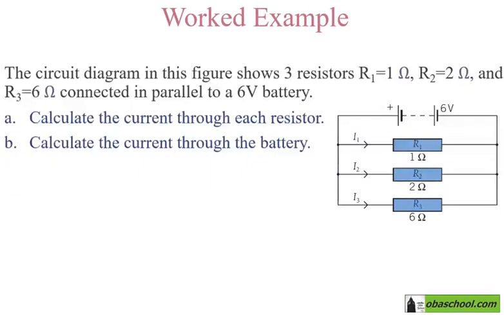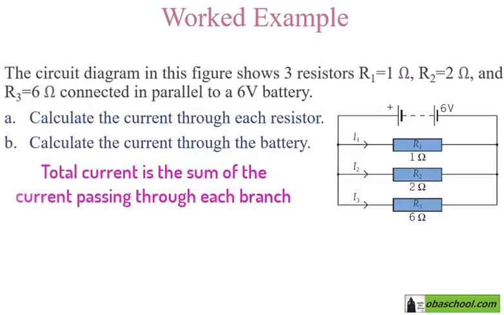Moving to the second part, calculate the current through the battery. The total current from the battery in a parallel connection is equal to the summation of the current passing through each branch in this circuit. I total is equal to I1, the current passing through resistor R1, plus I2, the current passing through the resistor R2, plus I3, the current passing through the third resistor.